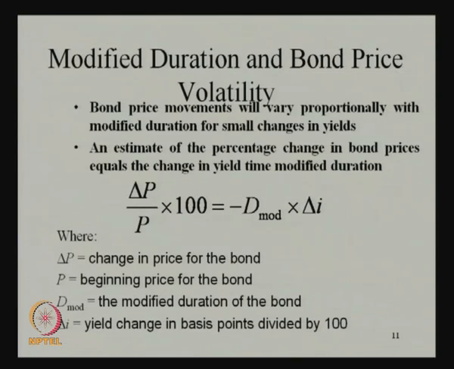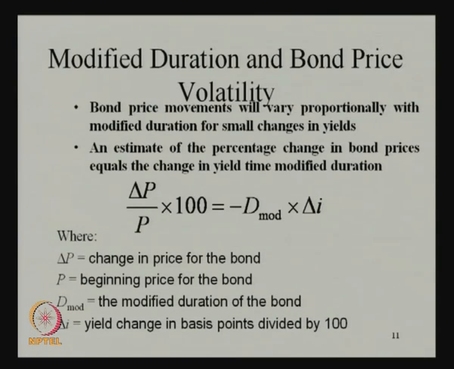If you want to estimate the percentage change in bond prices, it equals the change in yield times the modified duration. So you multiply the modified duration with the change in yield, and that gives you exactly how much the price has changed.